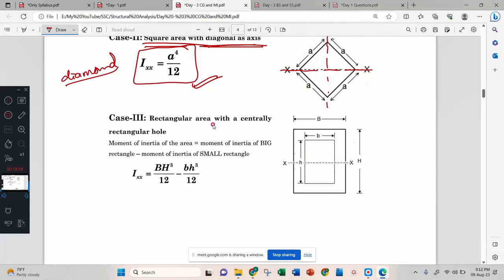Next, rectangular hollow section. This portion is there, but the inside portion is not there, so just subtract it. Capital B and capital D for the big outer side and small b and small h for the inner side, and make it minus, that's it.